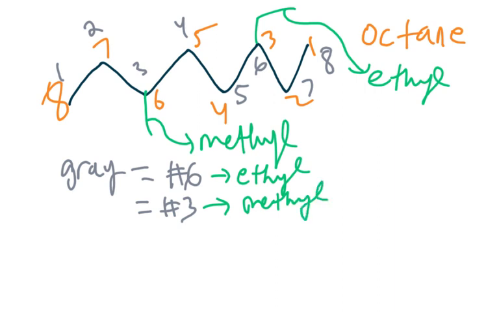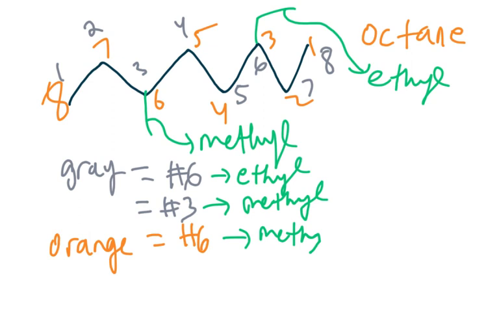And then if we go ahead and turn the tables and look at the orange numbering, the 6th carbon for the orange numbering has the methyl, okay, and the 3rd carbon for the orange numbering has the ethyl.